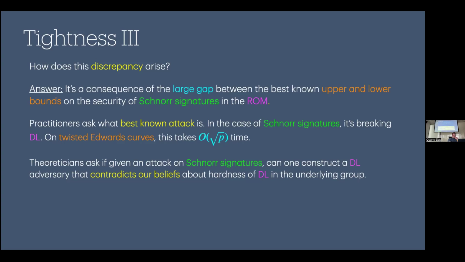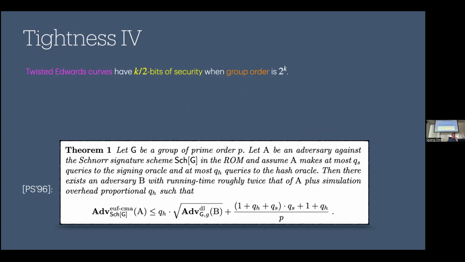So let's see what kind of calculation the theoretician does here. So here's the theorem that Pointcheval and Stern proved, stated in modern language. I guess you're probably used to reading these theorems, right? It relates the advantage of two different adversaries, A and B. A is an adversary against Schnorr, and B is an adversary against discrete log.